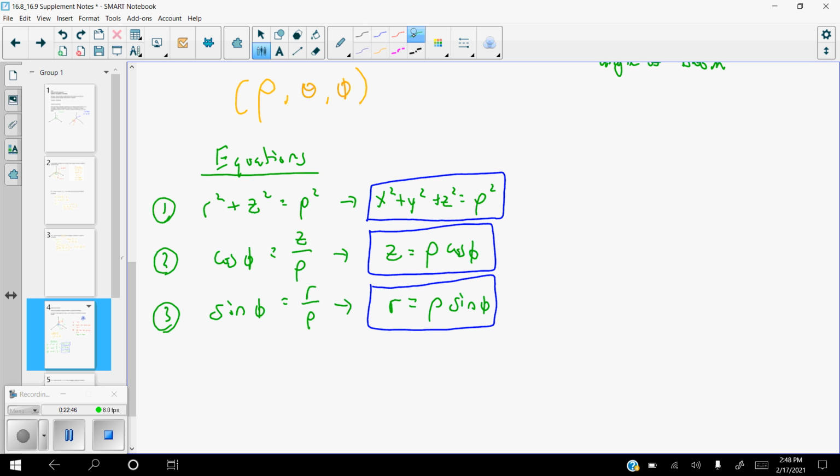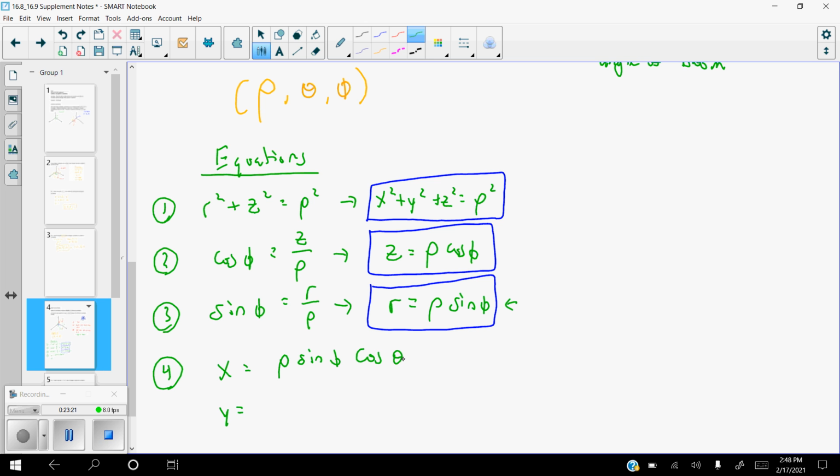And then the last one, which is really a set of 2 equations. Basically, this is a way to find x and y if we need it. If you think of this in terms of polar, x equals r cosine theta. Well, r is rho sine of phi. So x equals rho sine phi cosine theta.